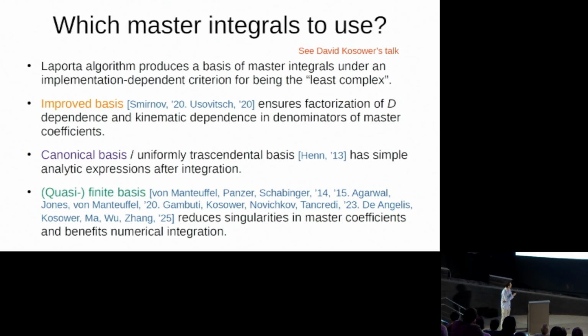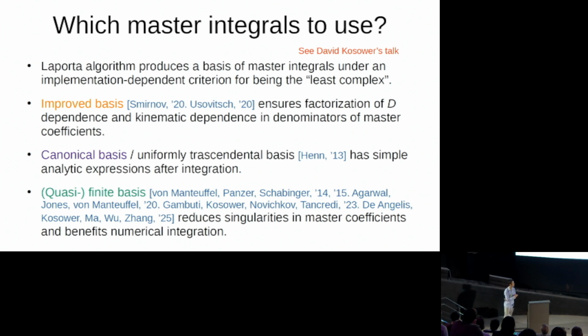But in practical calculations, once you go beyond the simplest integrals, it's very beneficial to adopt an improved basis, proposed by a pair of papers, one by the Smirnovs and one around the same time by Johan Usovich in the audience. With the improved basis, you get rid of very annoying unfactorized denominators, and your master coefficients will have denominators with factorized dimension and kinematic dependence.